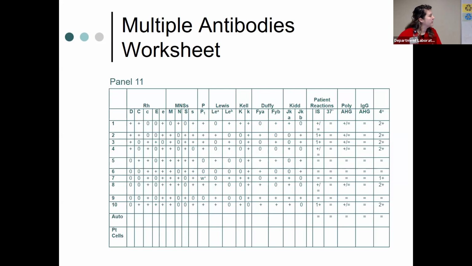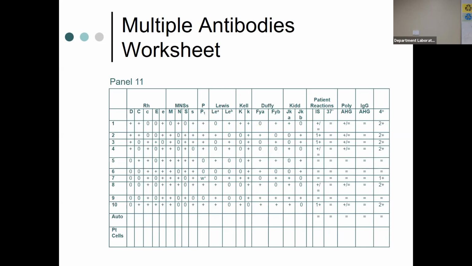All right, last one, panel 11. This one's interesting. You're going to have to look at what reagents are being used. All right, notice that you have two phases of AHG reactivity, and the reason for that is they initially tested with polyspecific. What's in our polyspecific AHG?